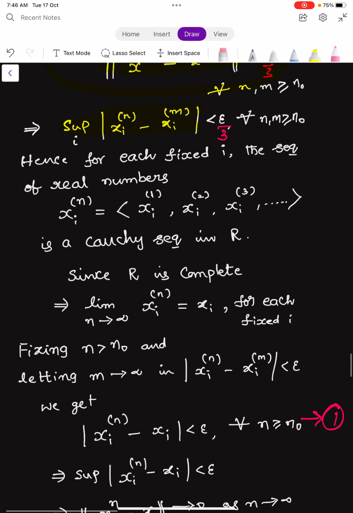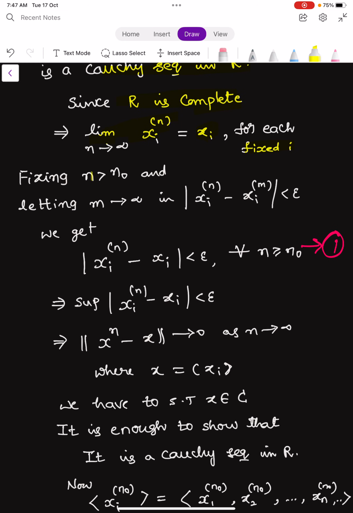Hence, for each fixed i, the sequence of real numbers xi power n is a Cauchy sequence in R, and we know that R is complete. R is complete means every Cauchy sequence in it is convergent. This shows us the limit of xi power n is equal to xi for each fixed i.